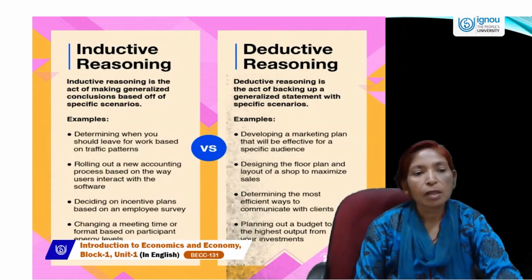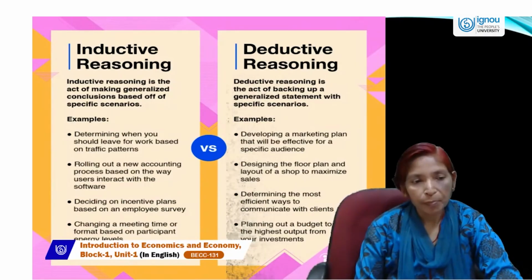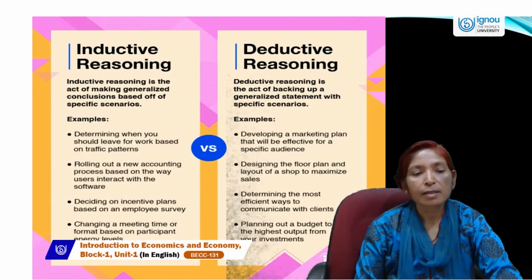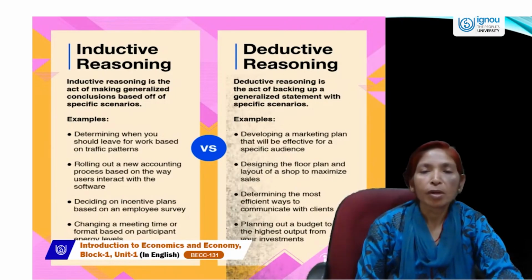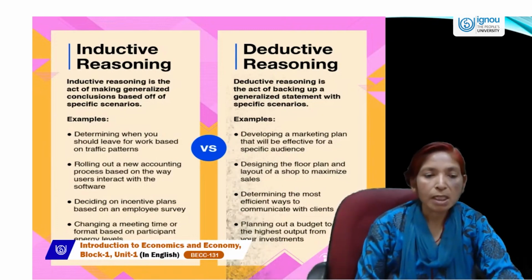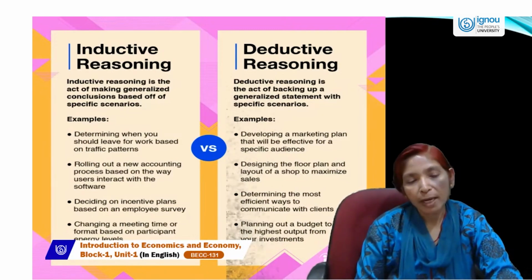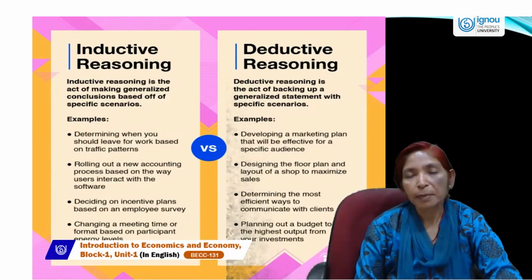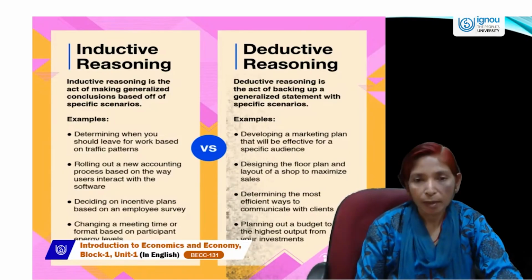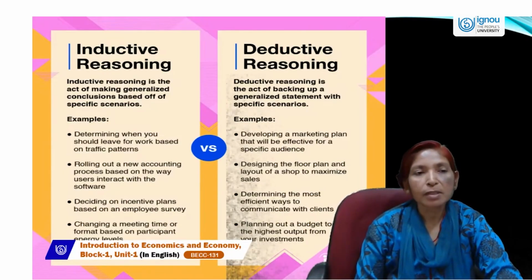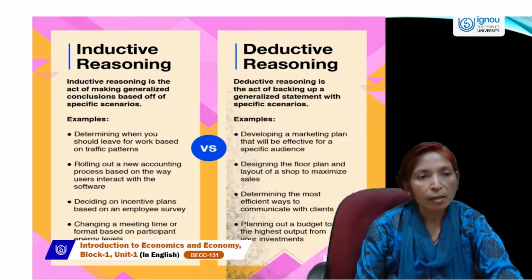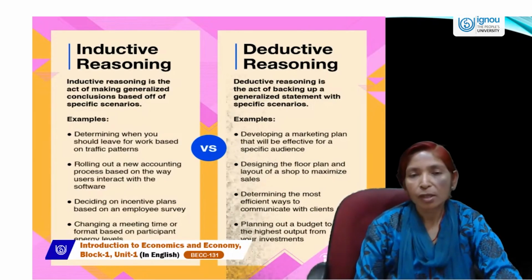Rolling out a new accounting process based on the way users interact with the software. Deciding on incentive plans based on an employee survey. Changing a meeting time or format based on participants' energy level. All these are examples of inductive reasoning, in which we are moving from specific to general.